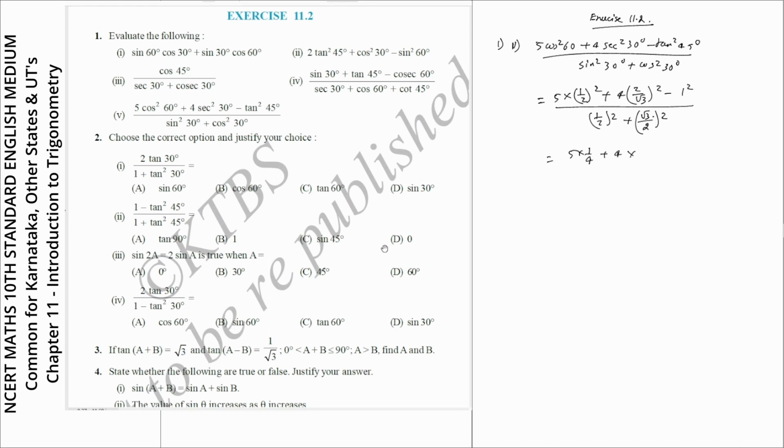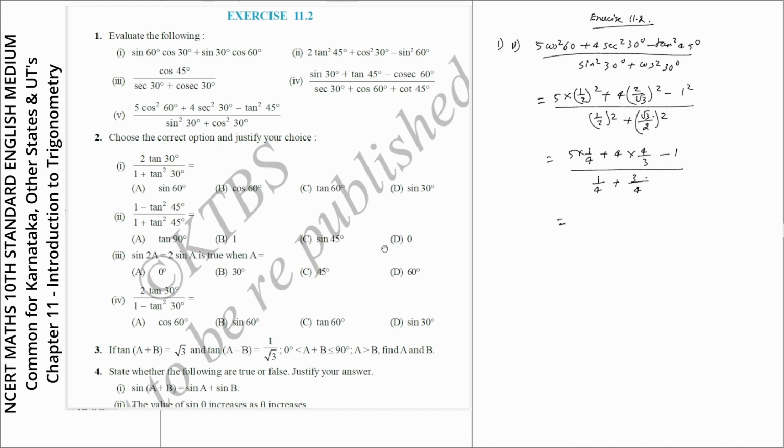So (2 by root 3) the whole square is 2 into 2, 4, then root 3 into root 3 is 3, minus 1. Now here (1 by 2) the whole square is 1 by 4 plus (root 3 by 2) the whole square, root 3 into root 3 is 3. So denominator 2 into 2 is 4.